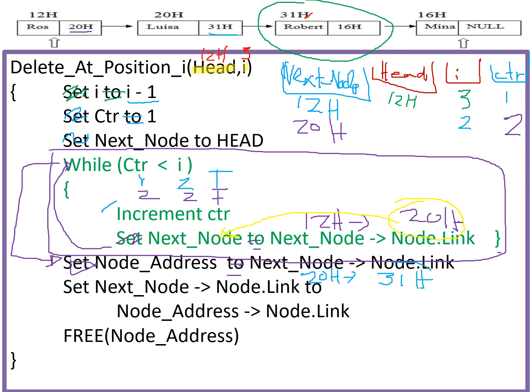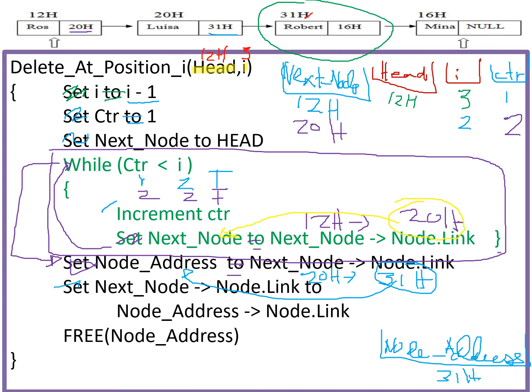So, 31H will be assigned to node address. So, we have a new variable, node address, and the value of our node address is 31H.